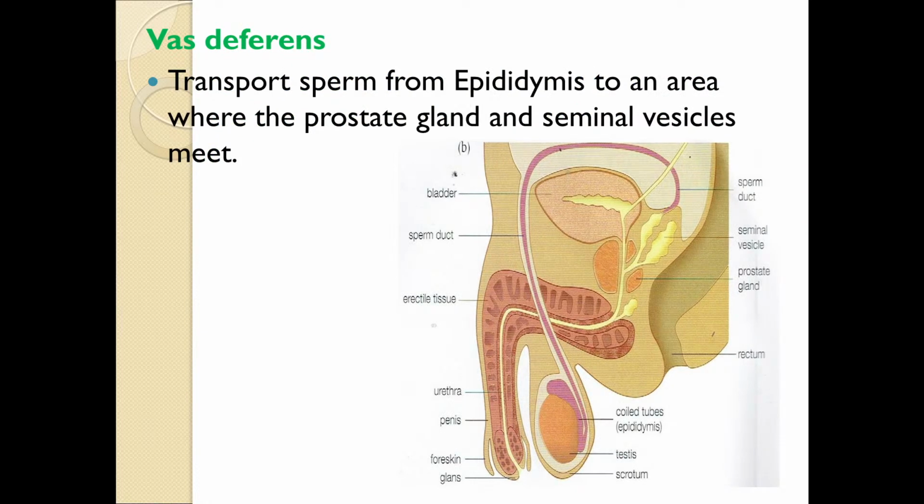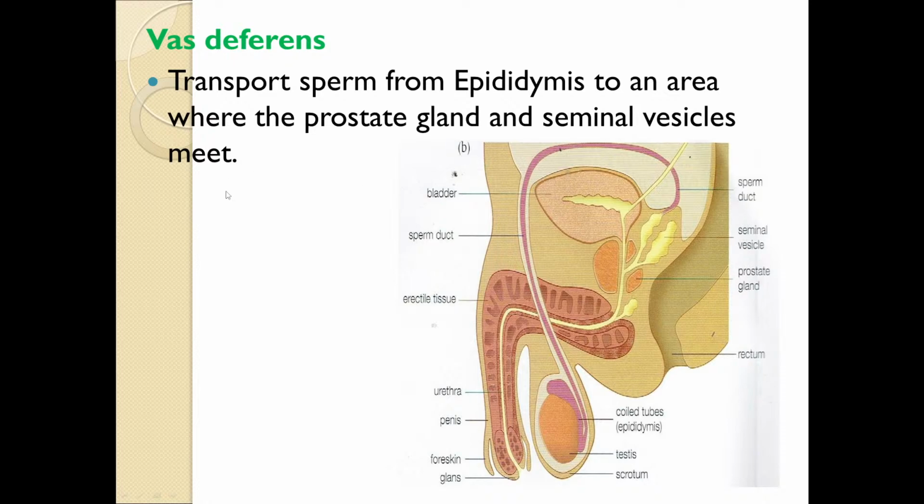The vas deferens. Its function, they are saying, is that it transports sperm from the epididymis to an area where the prostate gland and seminal vesicle meet. The vas deferens is also known as the sperm duct.